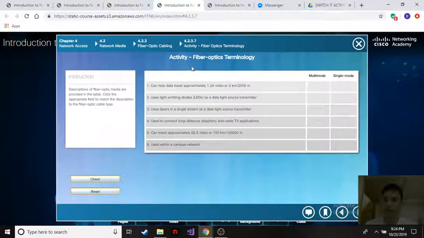which is entitled Fiber Optics Terminology. So here the instruction is: descriptions for fiber optic media are provided in the table. Click the appropriate field to match the description to the fiber optic cable type. So we're just going to identify what fiber optic cable type is described in the given. So let's get started.